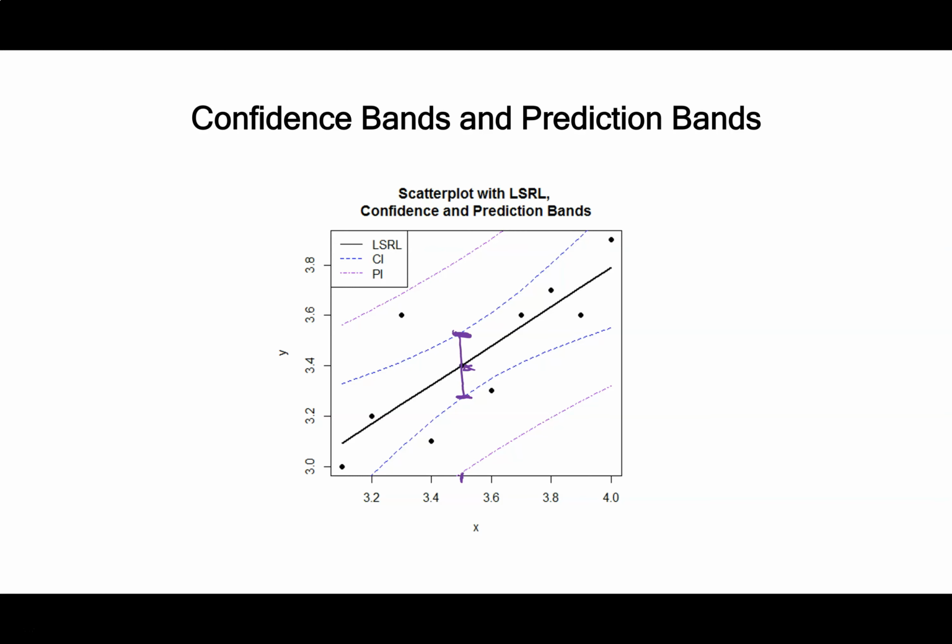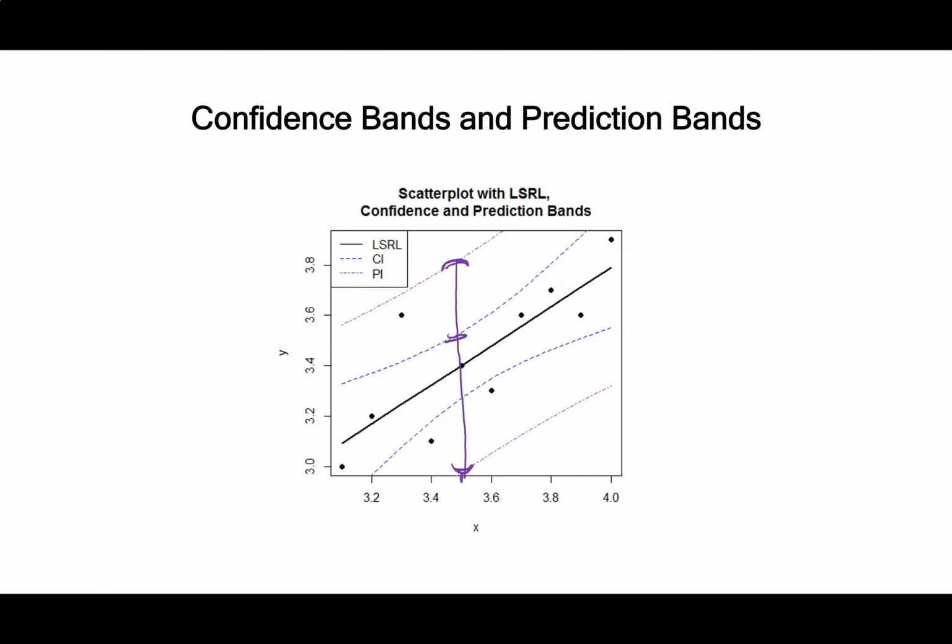And here, those are going to be the ends of the confidence interval. If you went all the way out to here, but draw a straight line, that's our prediction interval.